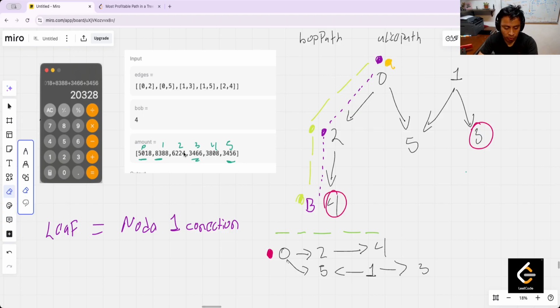In this case, for example, all the nodes that contain the color green, this and this. And it's the same with Alice, but in this case for Alice I can sum this, or I can add this value to the amount of the Alice path. But what happens is that I need to consider that this is a different path from Bob.